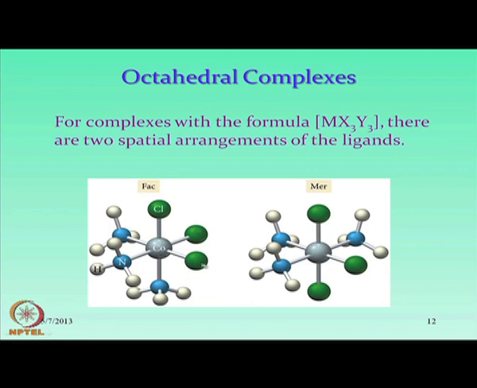So, these 3 cobalt chloride bonds basically give rise to a particular type of arrangement where the 3 chloride groups occupy one face of the octahedron. So, the octahedron, we all know, has 8 triangular faces, and if one of the faces is occupied by 3 chloride groups, we will get a corresponding arrangement which is known as the facial arrangement, and the isomer is known as the FAC isomer.